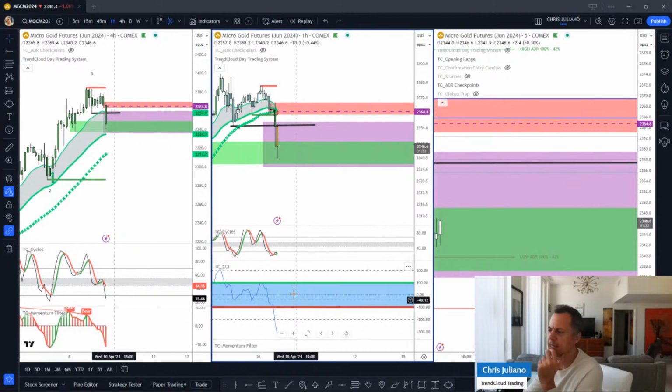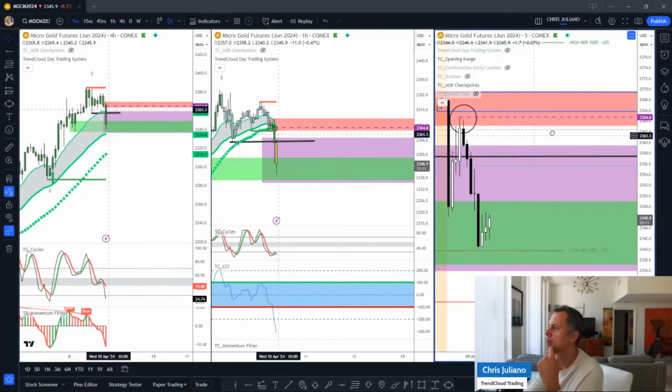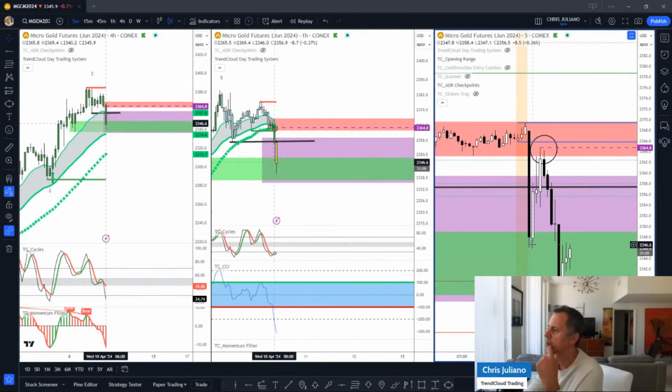Downward momentum. And what did we do? Well, we pulled back right here. We pulled back right into that supply zone and made a move down.